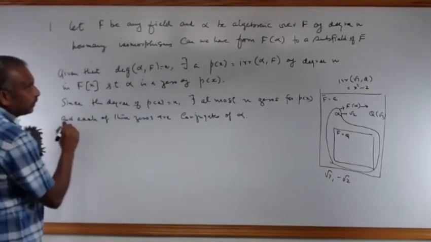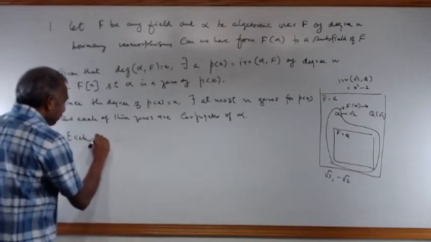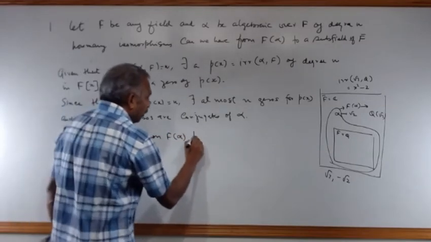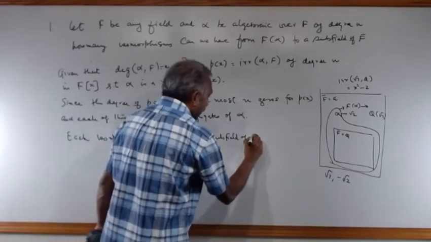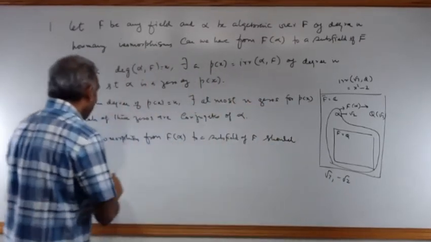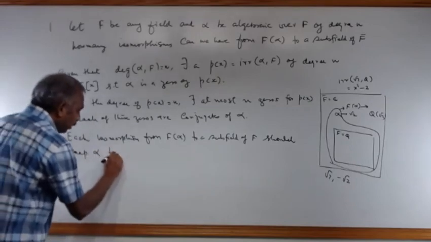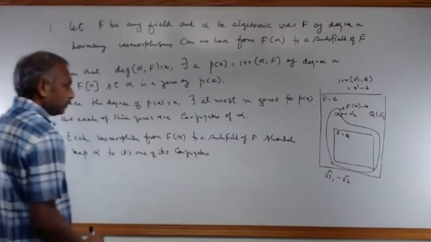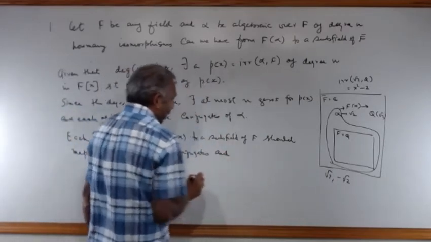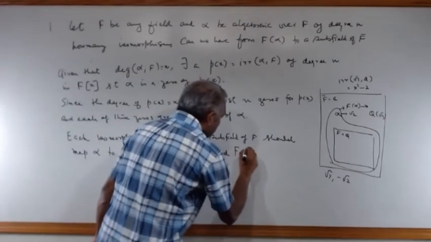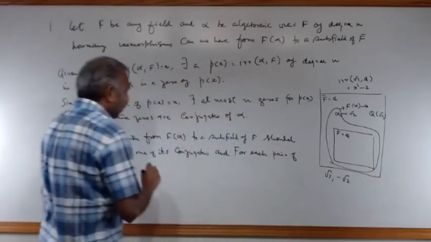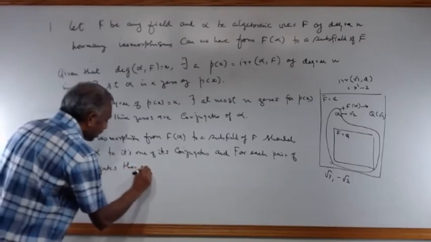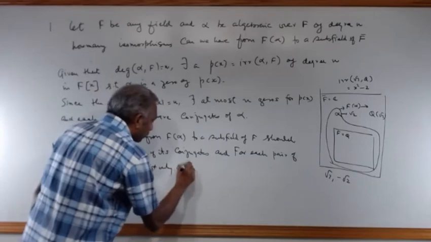So, each isomorphism from F alpha to a subfield of F closure should map alpha to one of its conjugates, and for each pair of conjugates, there exists only one such isomorphism.